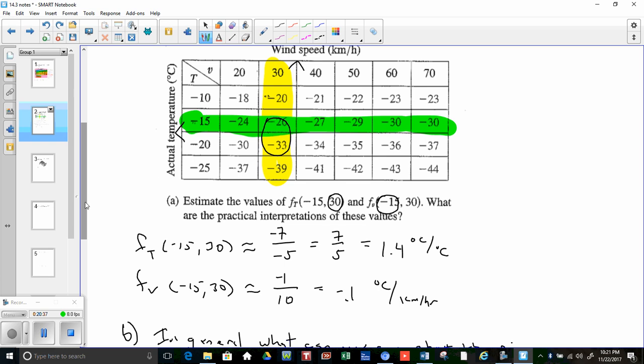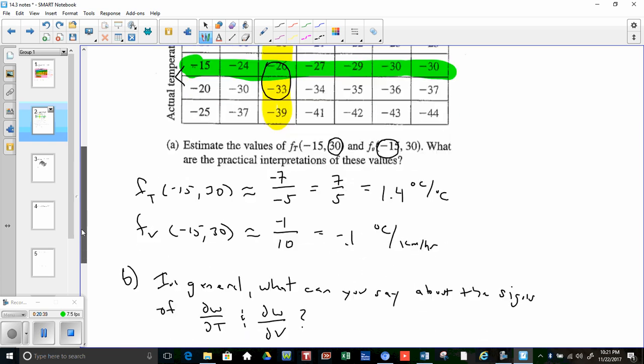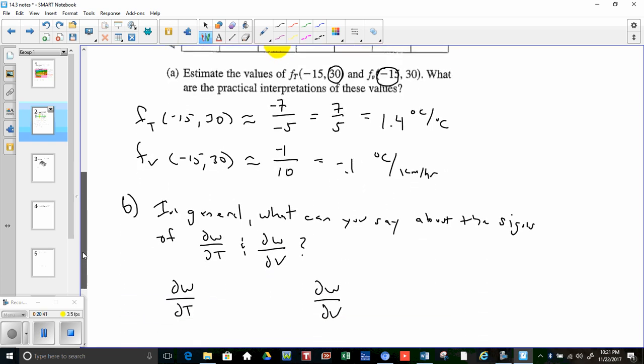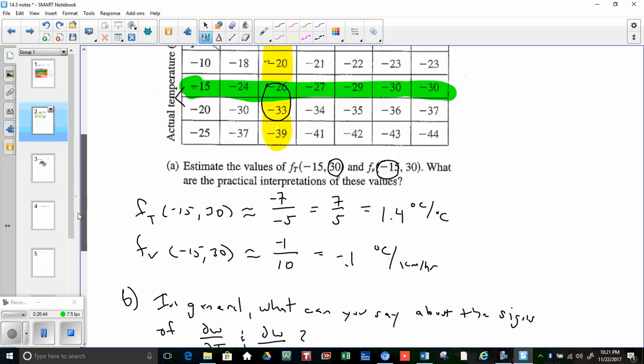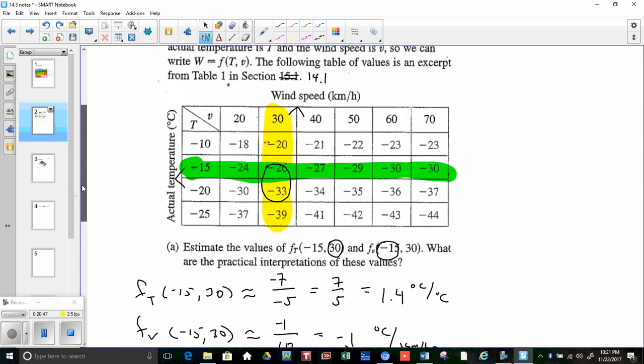So we would expect that the partial with respect to t, well, actually, I take that back. I'm really messing this one up here. I'm trying to explain this and I'm fumbling on my words.